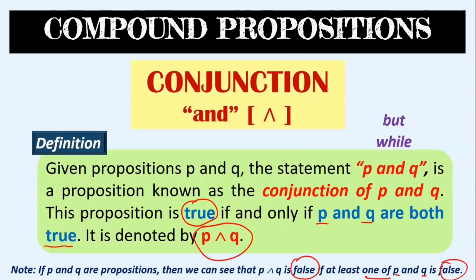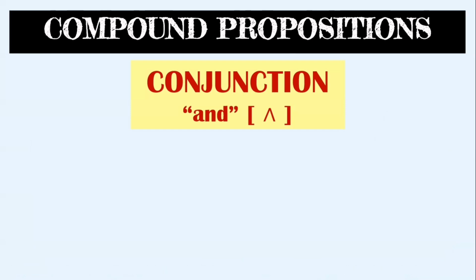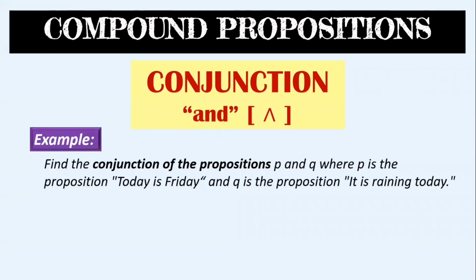For example, the sun is shining and it is raining. Or we can say, the sun is shining but it is raining. For example, find the conjunction of the propositions P and Q, where P is today is Friday and Q is it is rainy today. We just connect them using the word and.